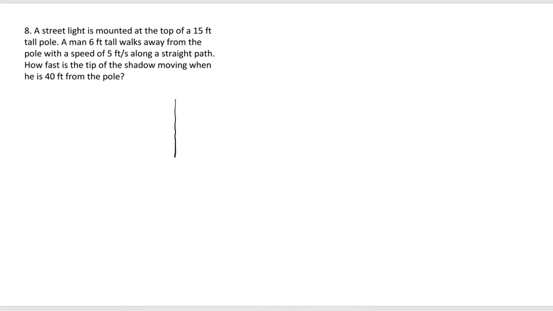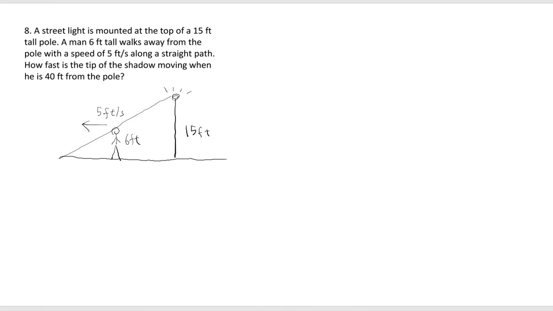Okay, so you have this 15 feet lamp, and there's a guy here who is 6 feet tall, and then there's a shadow because of the light, and this guy is walking away from the pole with a speed of 5 feet per second. Okay.